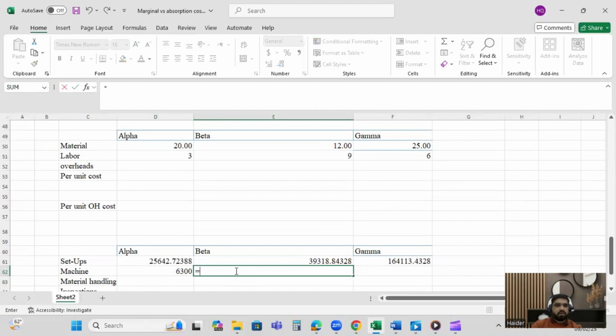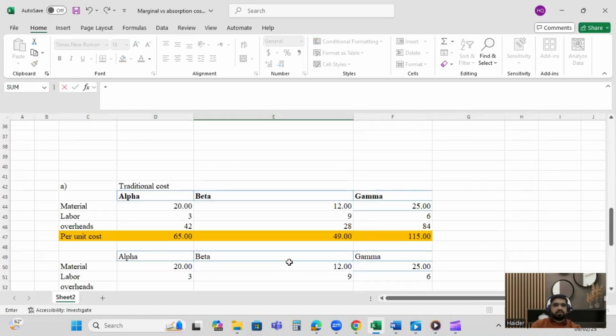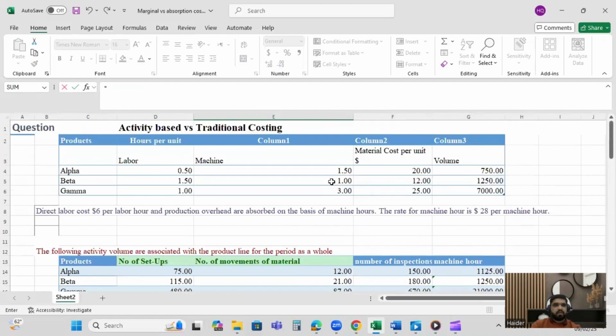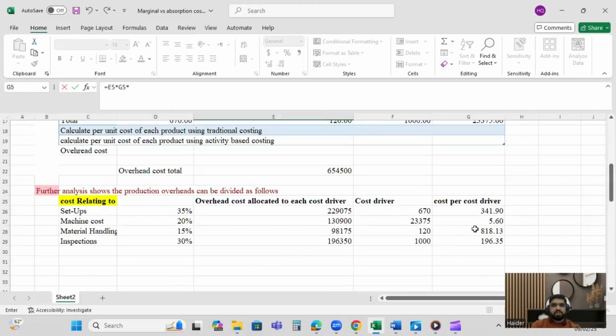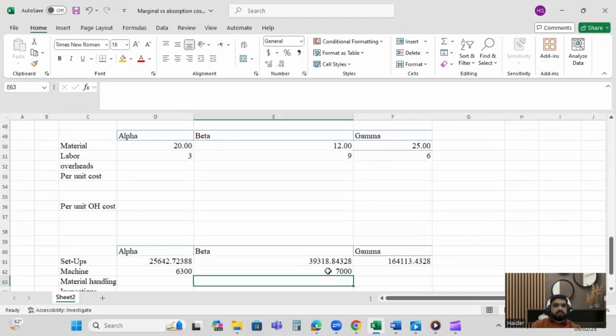Coming to the next one, beta. How many machine hours are required? You can see 1 times 1250 units multiplied by the per machine hour cost, 5.0. We have just calculated this.